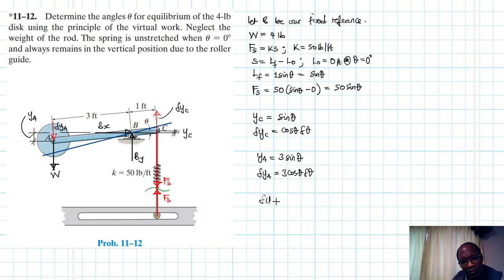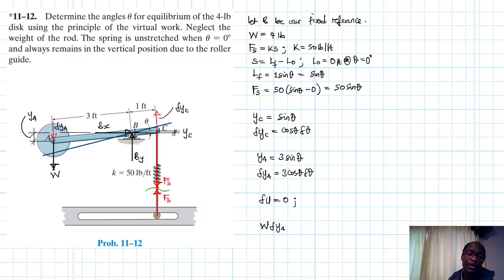Then we have the virtual work equation del U equal to 0. At A, we expect to have positive virtual work because both the virtual displacement and the force, which is the weight, are in the same direction. So we say W times del YA, positive. At B, we will not have any virtual work.